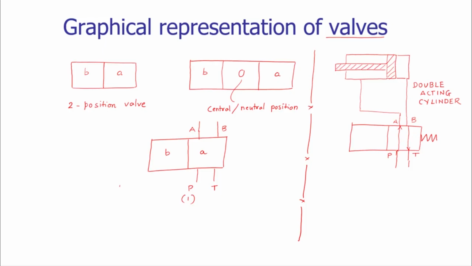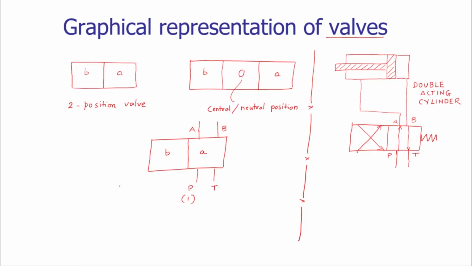So the connections are now to be from P to B and A to T. Thus the initial position will now be changed to the next position. So in the next position, P is to be connected to B and A is to be connected to T.